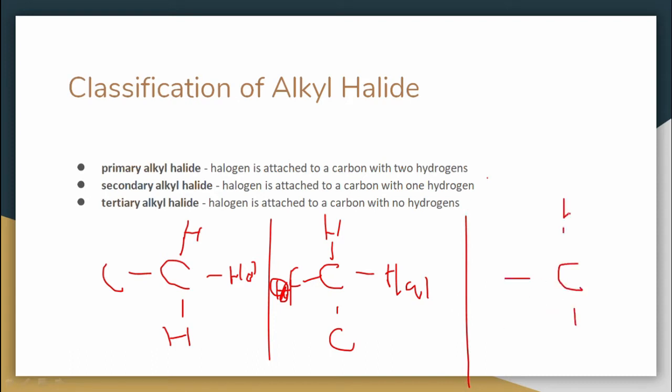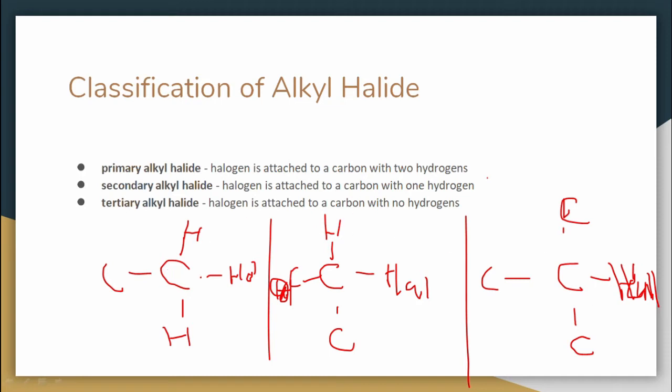So all of the other components are carbon, halogen. And what's the difference between these? Why is it so important later?